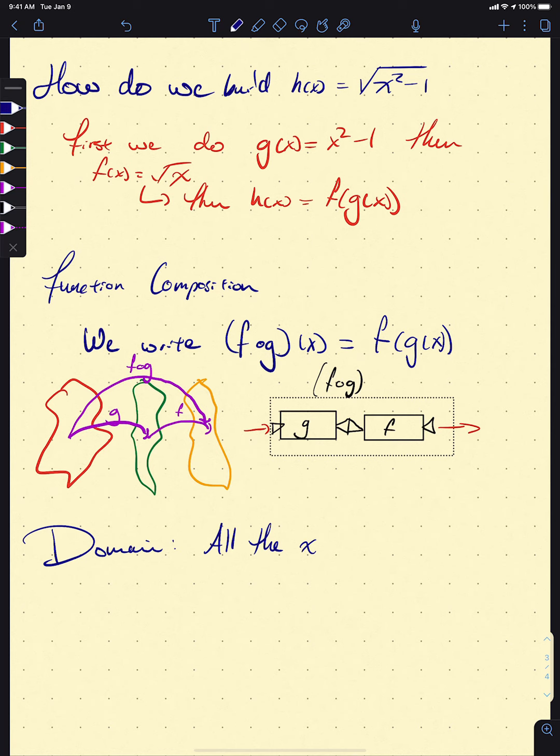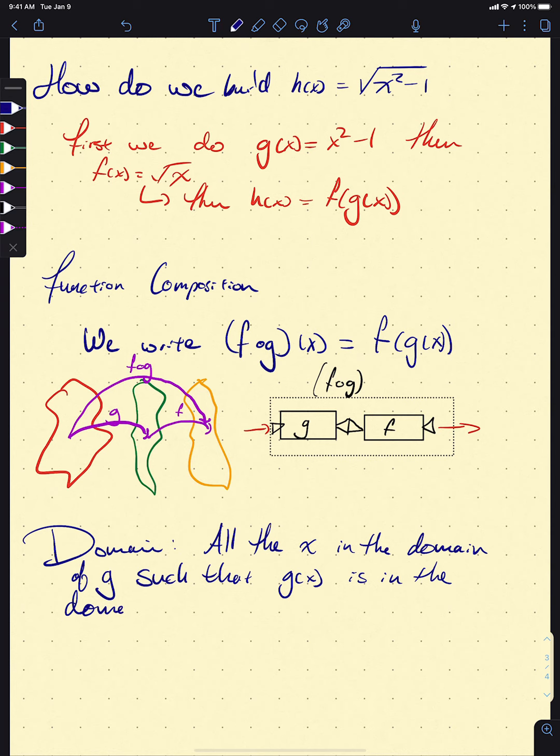It's all the x's in the domain of G such that G of x is in the domain of f.